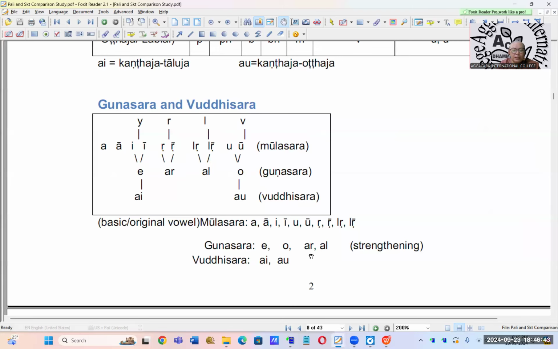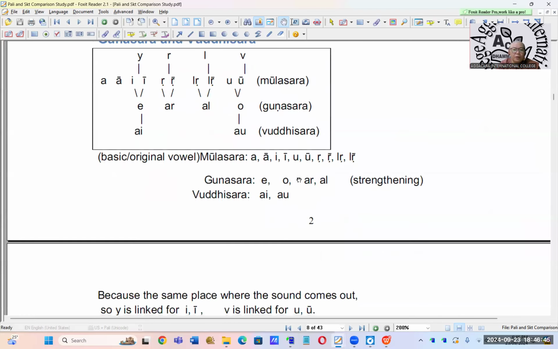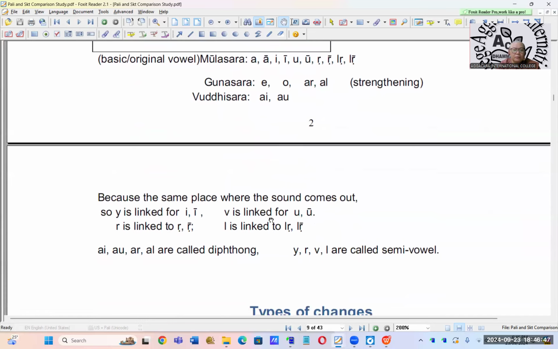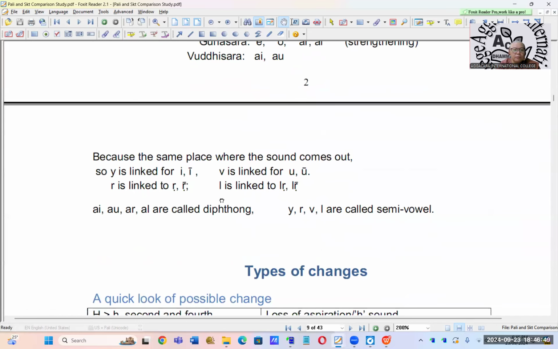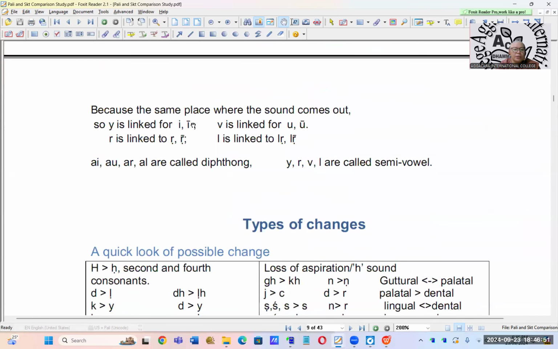Guna Sara, Woody Sara. Okay, Y is linked with the E. R is linked with the Sanskrit, Ri and Ri. B change it to U. Ri is a Ri. So ya, wa, la, wa, we call it semi-vowel here.